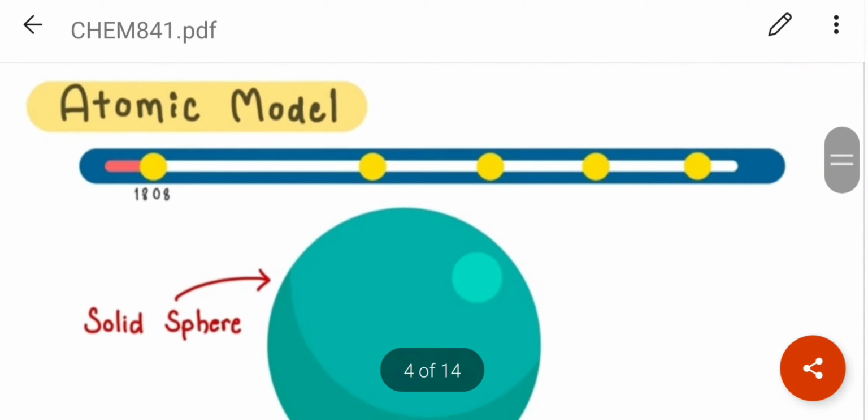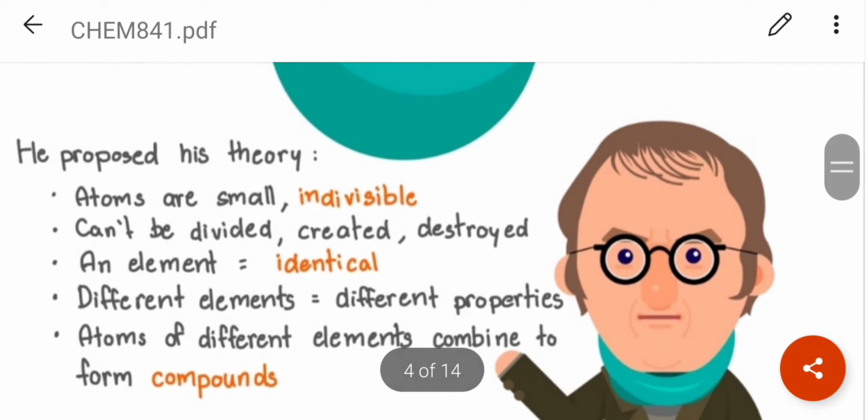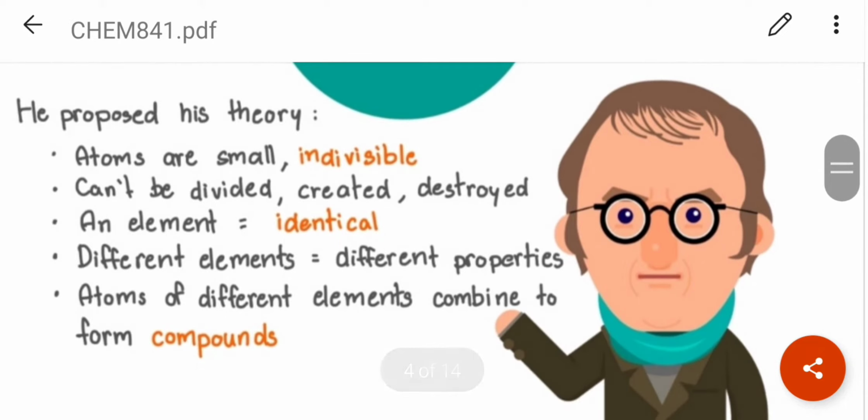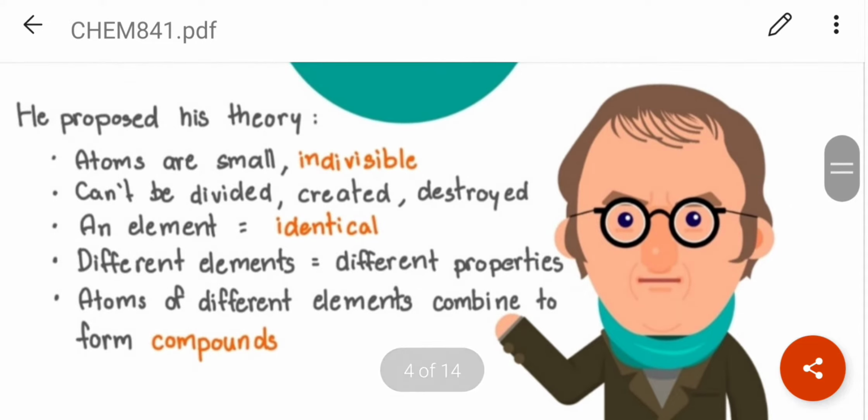Now let's move to the atomic model. So the first scientist to propose the atomic model was Sir John Dalton. So he proposed that atoms are small indivisible particles.